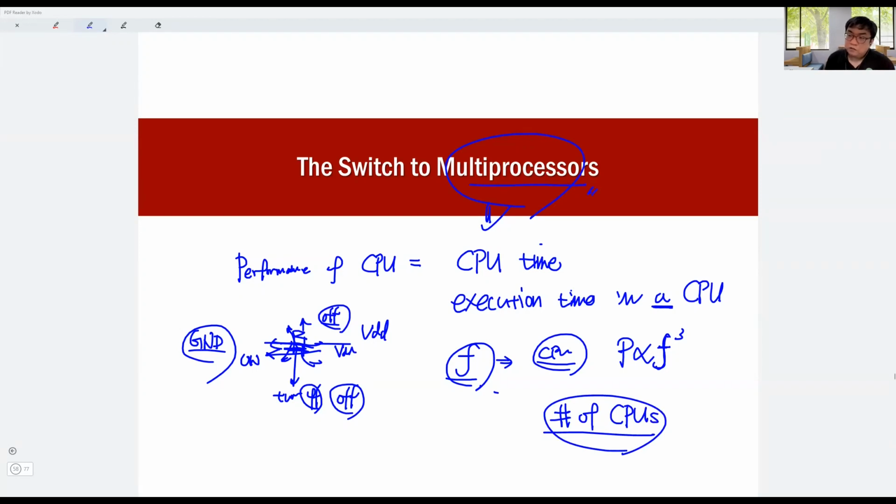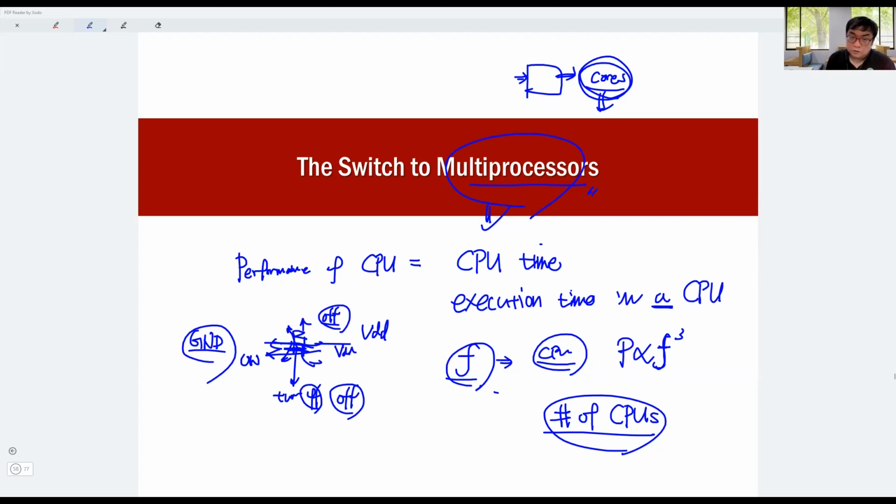We frequently use the terminology quad core, dual core, or octa-core, like that. So that means that in the single chip, there are multiple cores. Okay, so this core means the independent processor that can execute the instructions.